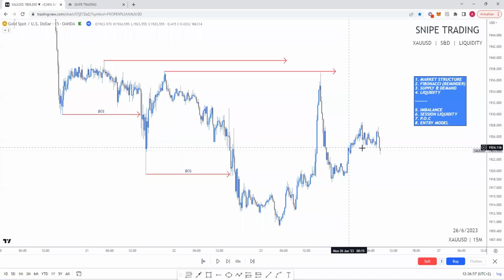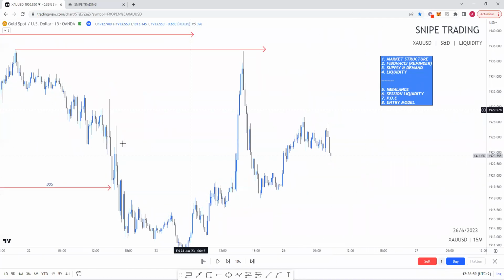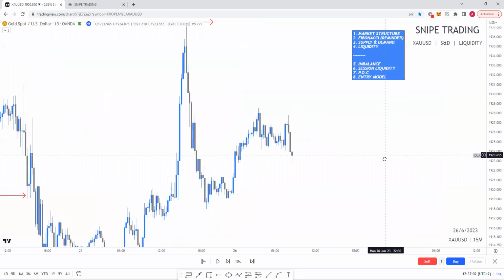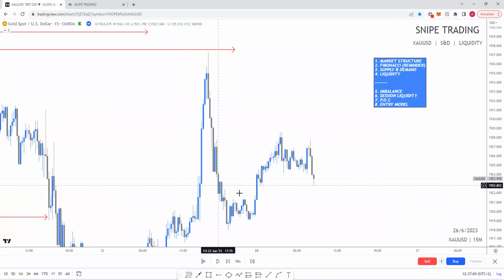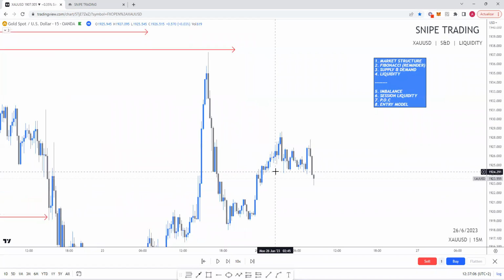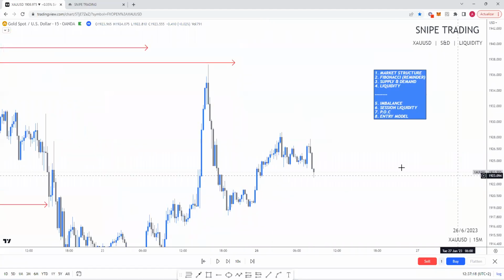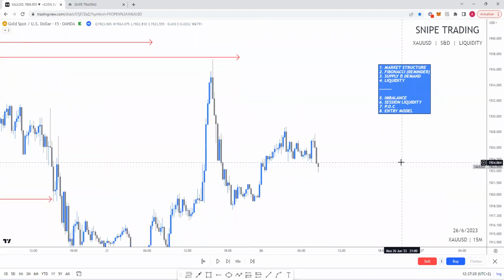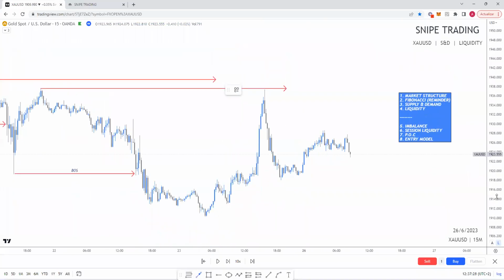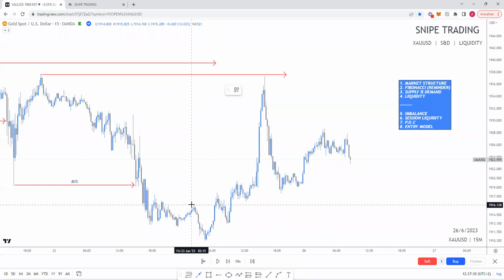Okay, so that's that market structure. But then we're going to focus on this area. Market opened more or less here, okay? Somewhere here, market open. So let's have a look at the more recent market structure. The reason why I said it's a monitor zone and not a direct sell zone was because, just looking at these past days, price seemed pretty bullish, okay?